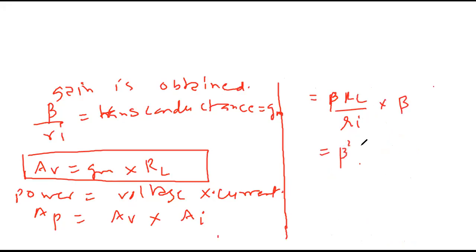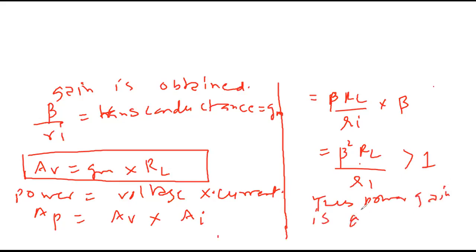So this is beta square RL upon RI, which is greater than 1. Thus power gain is obtained. Hence we widely use the common emitter amplifier because we get power gain, voltage gain and current gain. Conclude till this.